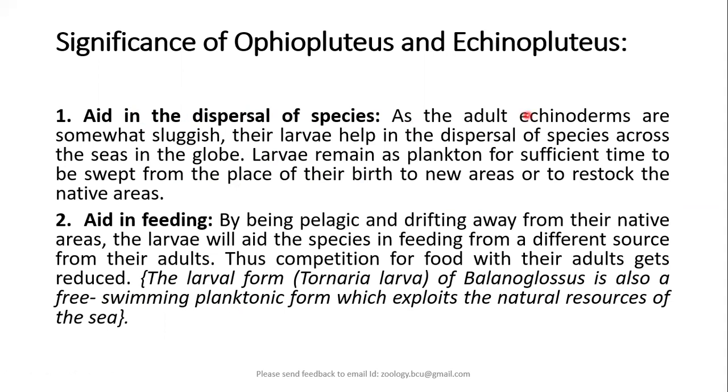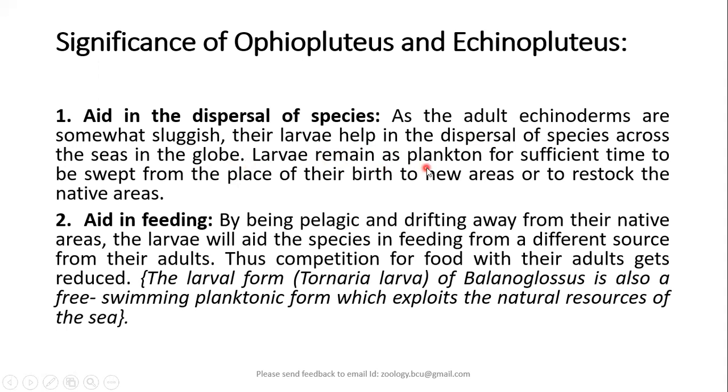the adult echinoderms are comparatively sluggish, but their larval forms are very active, actively swimming, pelagic. So thereby, these larvae help in the dispersal of the species or the animal across the seas in the globe.